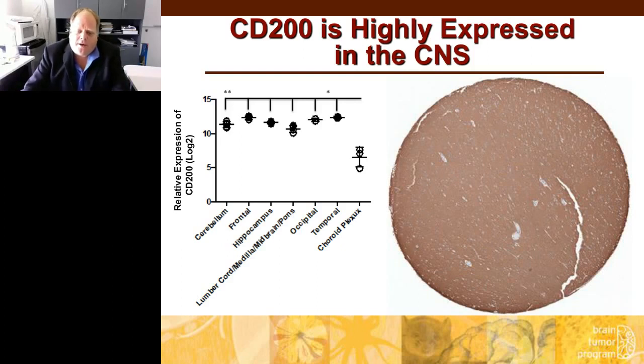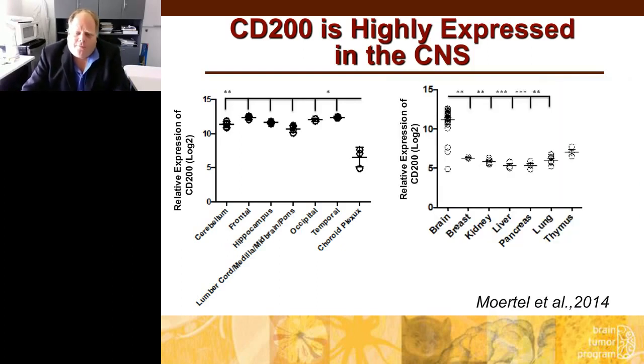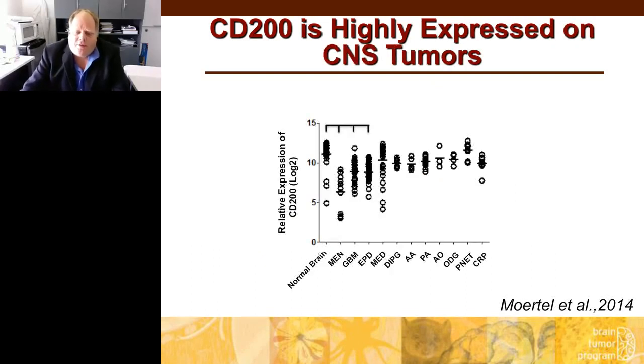Now, this isn't true in peripheral organs, such as breast, kidney, liver, pancreas, and lungs. You can see that there's relatively low expression of CD200. So we went on and showed that through multiple CNS tumors, such as meningiomas, glioblastoma multiforme, medulloblastomas, et cetera, you get high transcription of the CD200 protein.